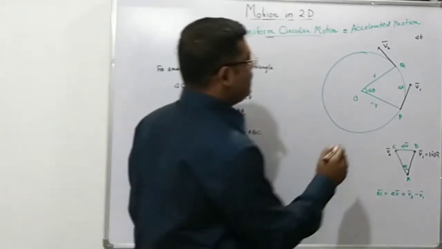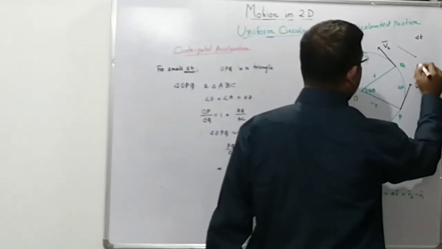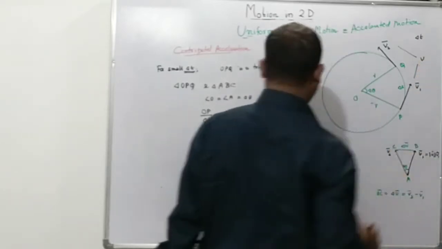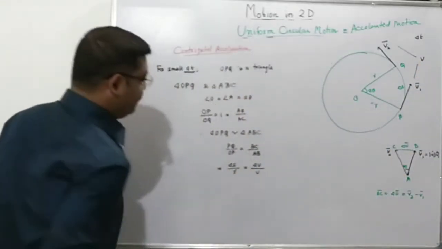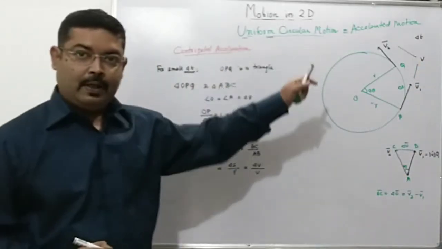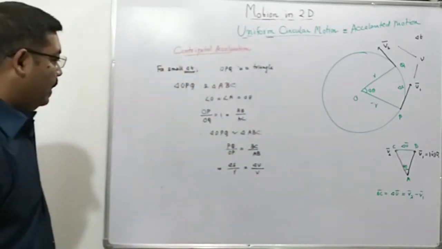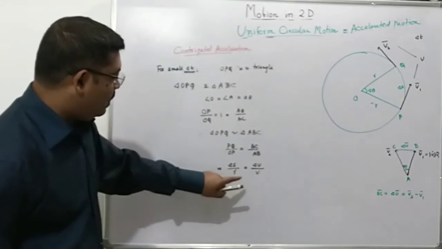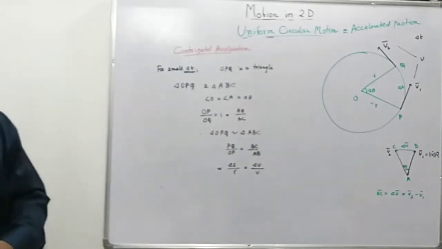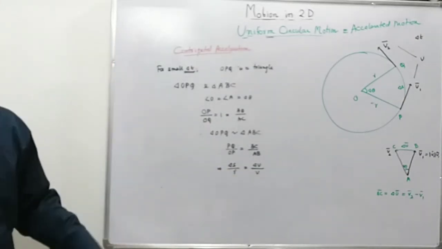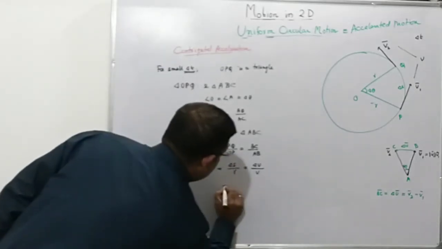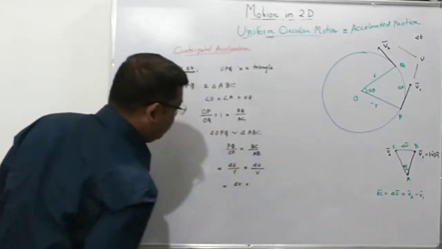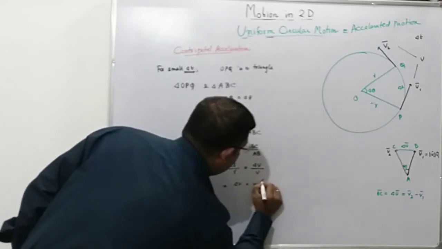Both have the same magnitude, so we can say this is equal to V, the tangential speed with which the object is moving. Fine. Now we can rearrange this and say delta V must be equal to V into delta S by R.